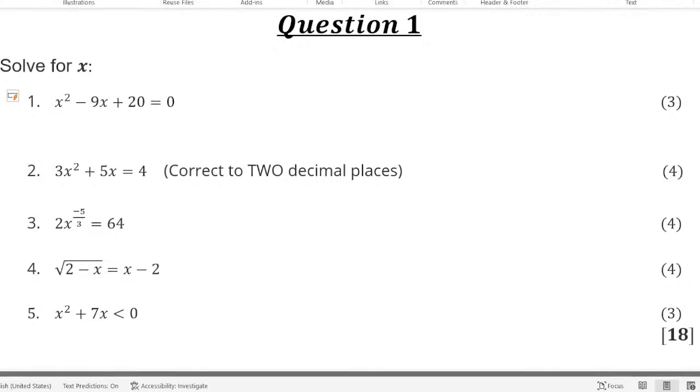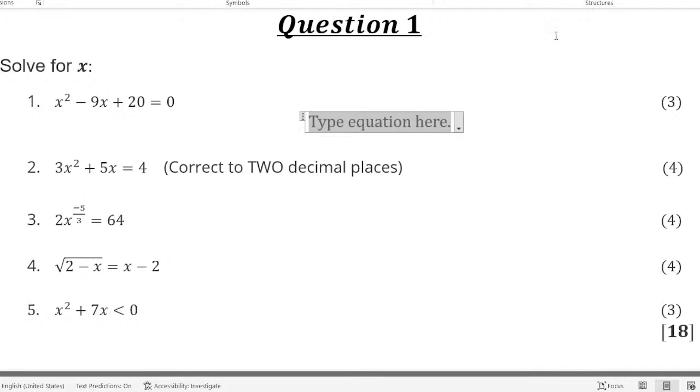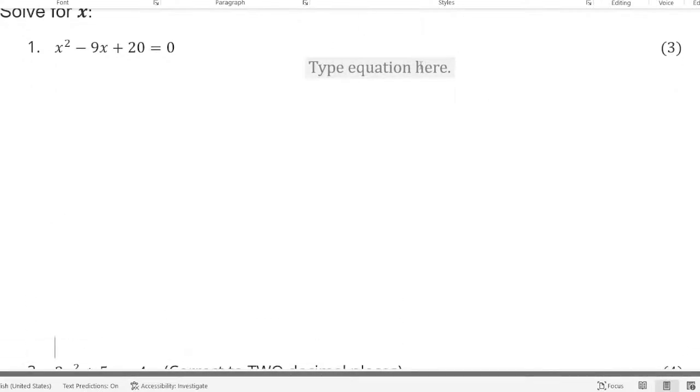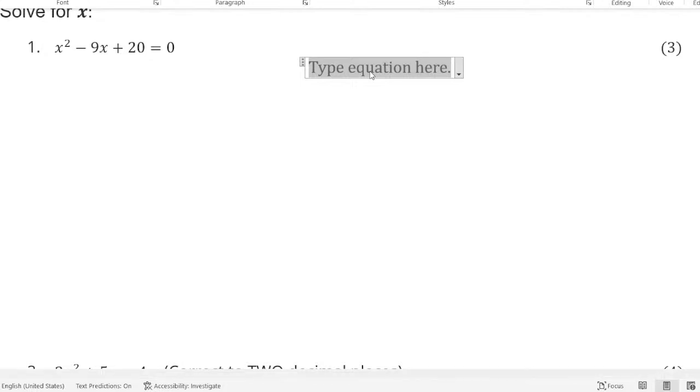So let's factorize. Now factors of x squared is x and x.